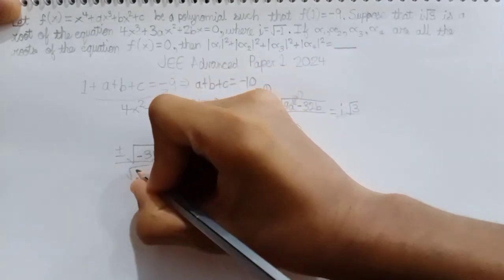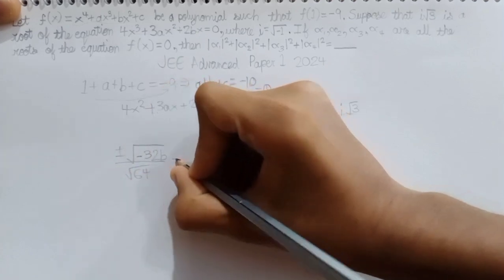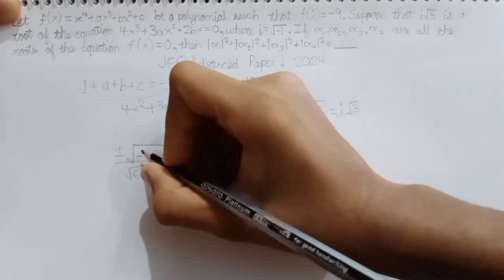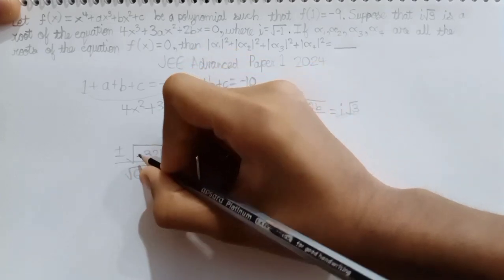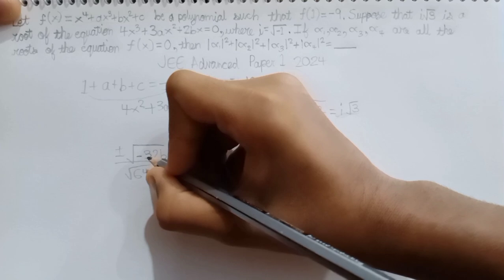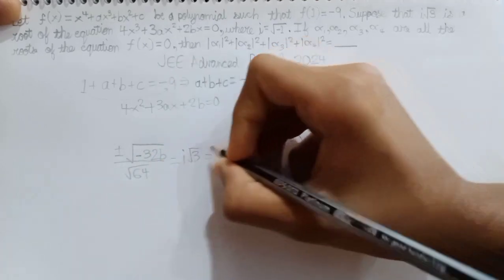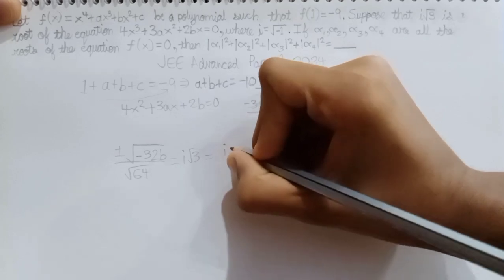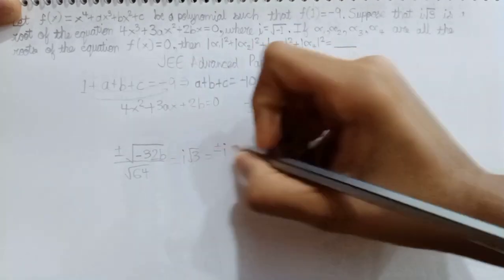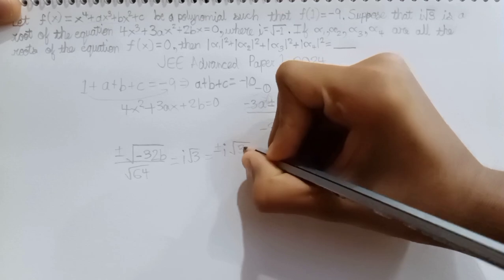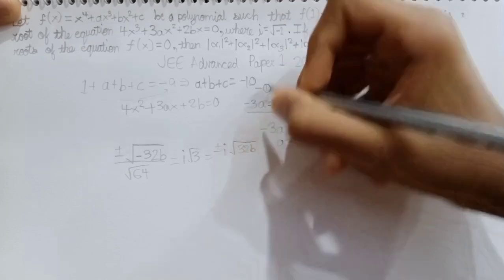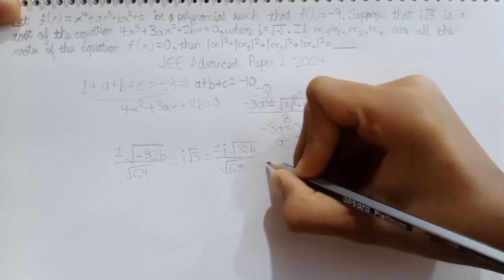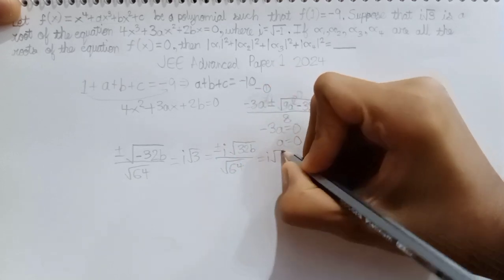So we can write this as root 64 is equal to I root 3. Now, we know the root of negative 32b is the product of root of -1 and root of 32b. So write this as root of -1 is I, and the rest of it is just 32b, whole by root 64 is equal to I root 3.